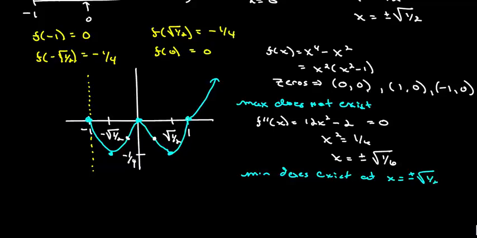And so those will give us our minimum values. And of course, we don't have a maximum value. We do have some local maxes here and here. So those are two local maxes, but we do not have any global maxes.